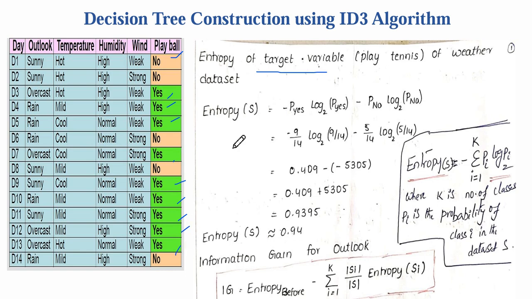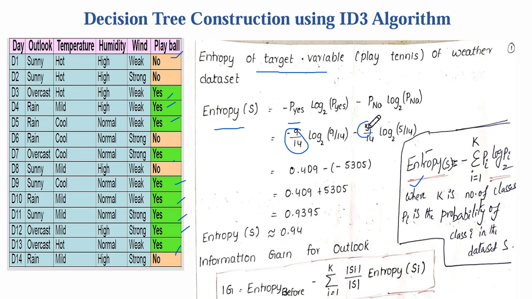So the entropy of the target variable equals minus probability of yes times log probability of yes, minus probability of no times log probability of no. This is the formula for entropy. The probability of yes is 9 by 14, so 9 by 14 times log 9 by 14, minus 5 by 14 times log 5 by 14, since the remaining 5 records are no records.